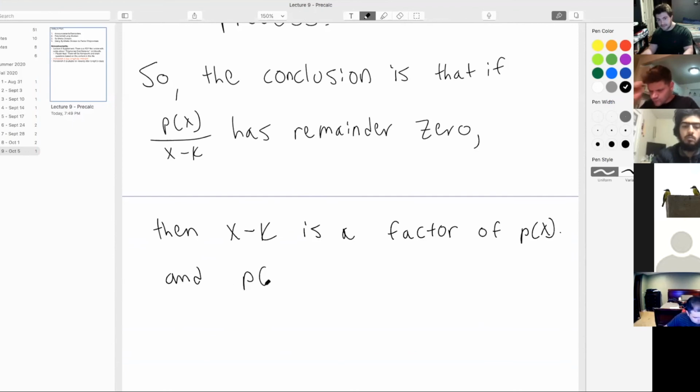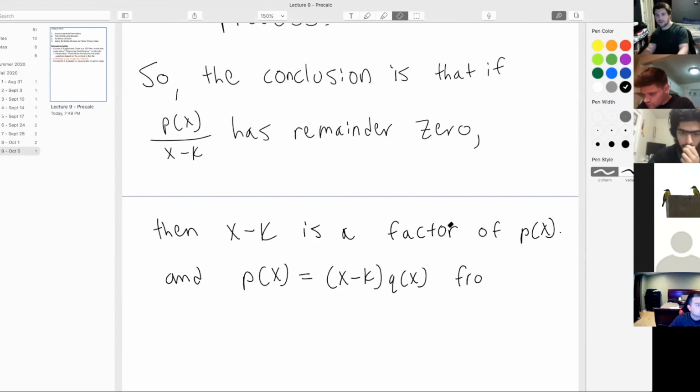And p of x will equal x minus k multiplied by q of x, where this q of x is the quotient.